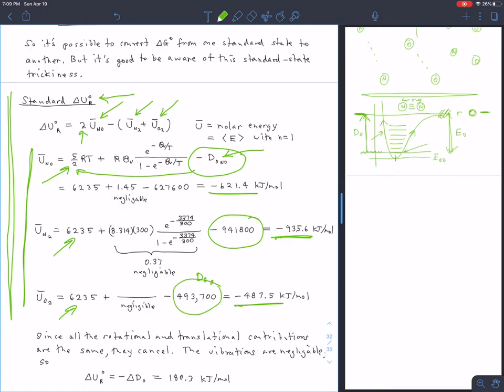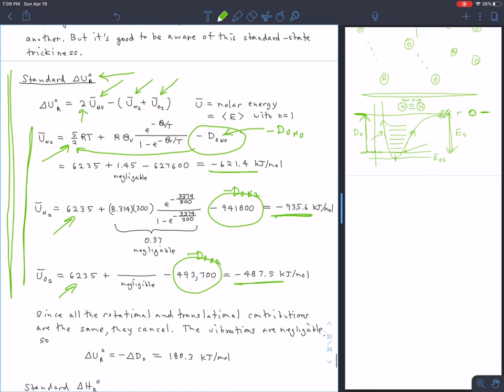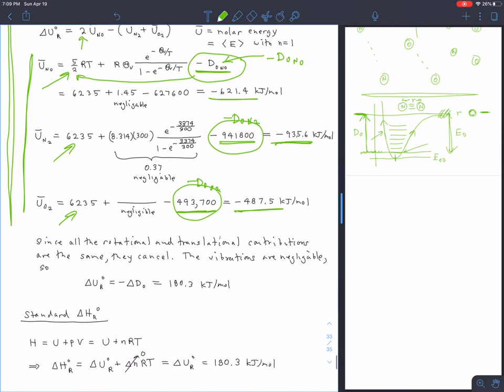This is D0 for O2, this is minus D0 for N2, and this is minus D0 for NO. I added a minus D0, that's why there's a minus there. All these D0 values were put in because those are the ZPE factors that we now have to keep track of when we have more than one molecule involved.